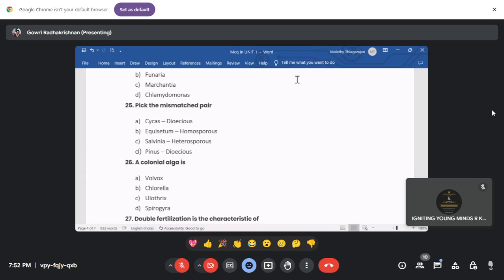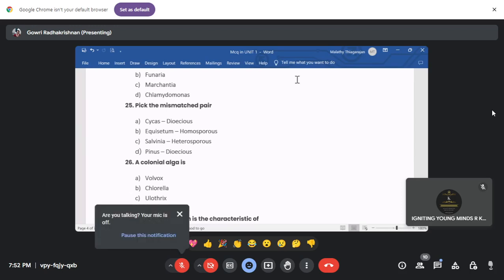I'm not sure. Okay, if you're not sure, then you have to think about it. What is dioecious? Different sexes in the same organism. Same plant or different plant? Dioecious is different plant, isn't it? Yes, dioecious is different plant. Monoecious is the same plant. Yes, homosporous is same. Heterosporous is different.